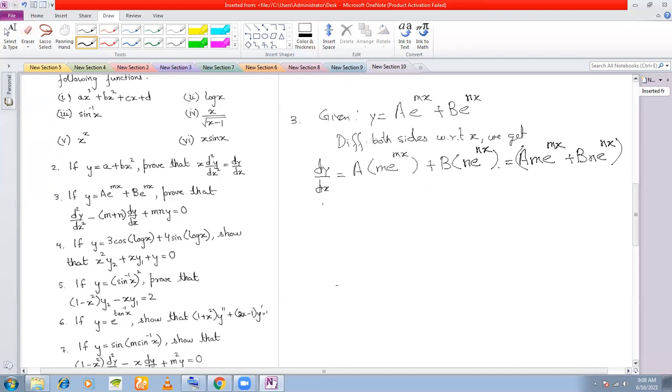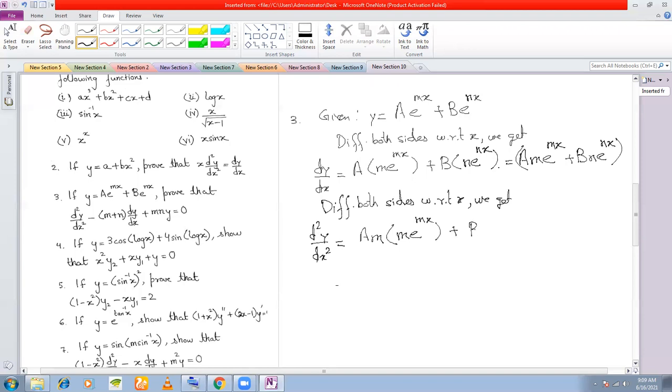Okay, we find d2y dx2, differentiating both sides with respect to x, we get d2y dx2 is equal to am is a constant, you keep it out, and again differentiate e to the power of mx to get m e to the power of mx.